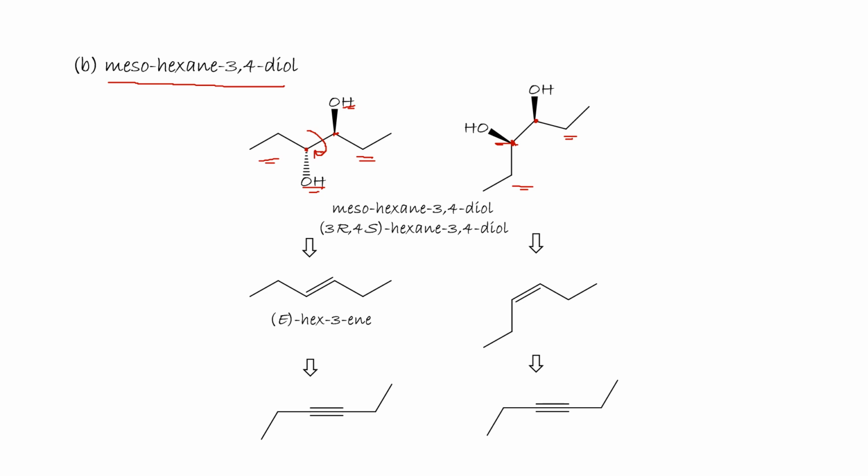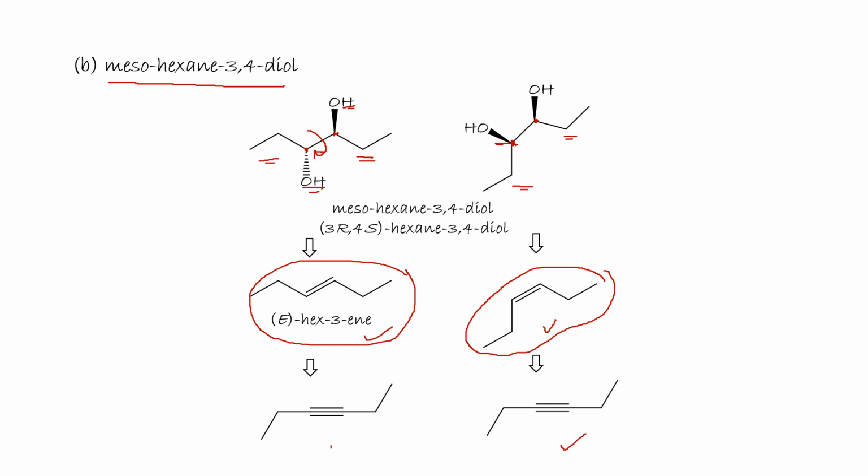So we can get this molecule either from the cis or the trans hex-3-ene, and we can obtain these compounds from the alkyne analogues, which will be no cis, no trans. This is a linear molecule, so they are the same.